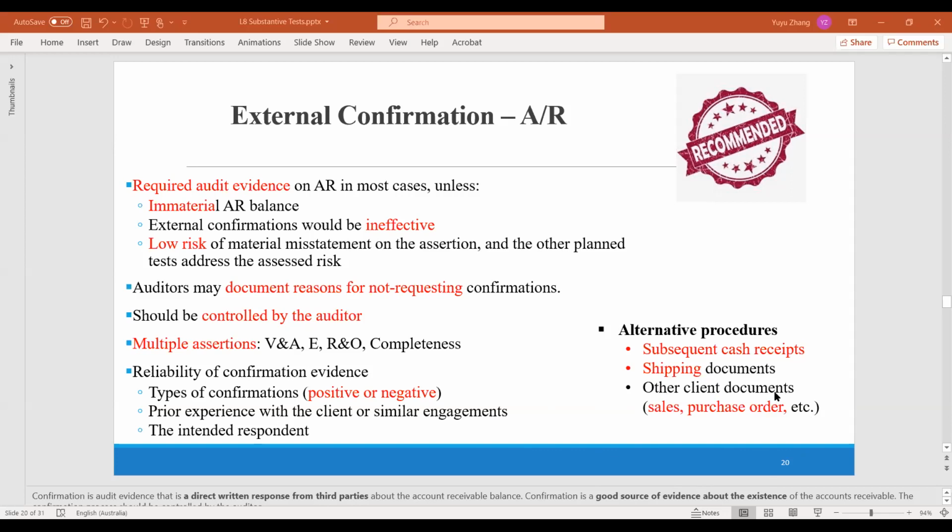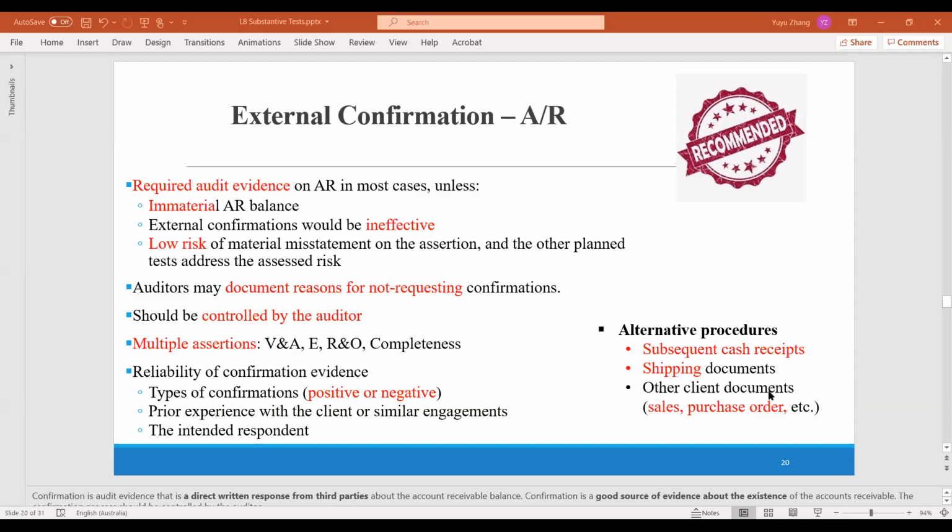So the sales is done, and also the cash receipts may be after the year end as expected, for example, in 20 days, in 30 days, in 60 days has been received accordingly, would provide another part of evidence also to the accounts receivable balance.